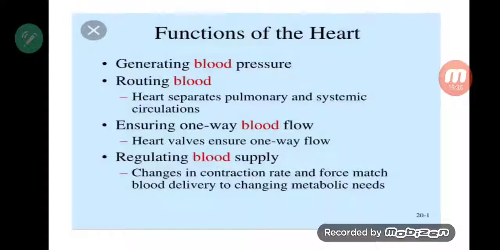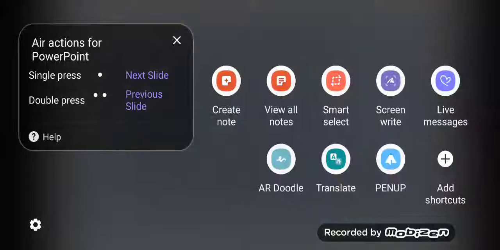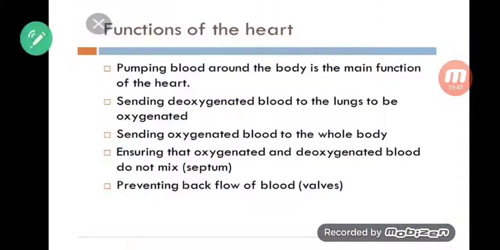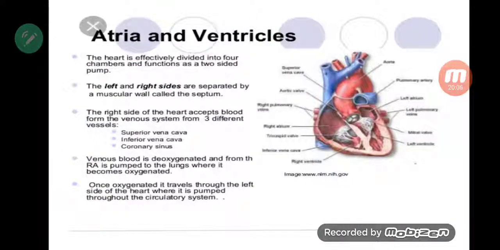Function of the heart: the main function is working as a pump, generating blood pressure, sending deoxygenated blood to the lung to be oxygenated, and sending oxygenated blood to the whole body, ensuring oxygenated and deoxygenated blood do not mix.